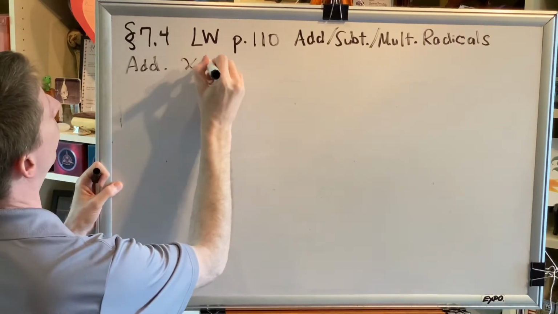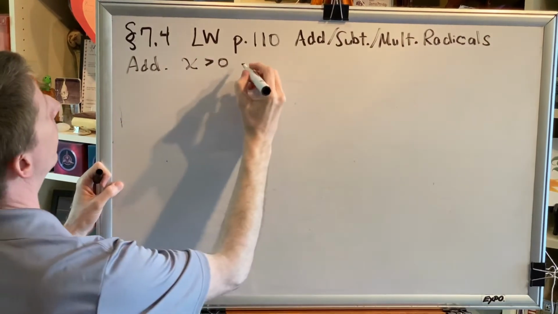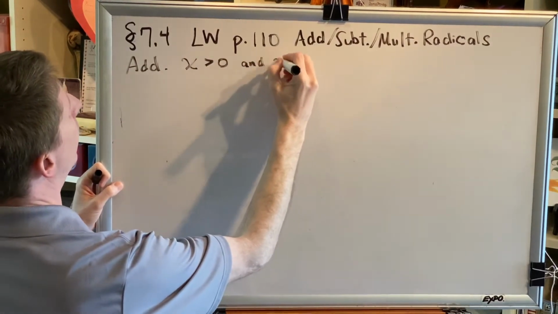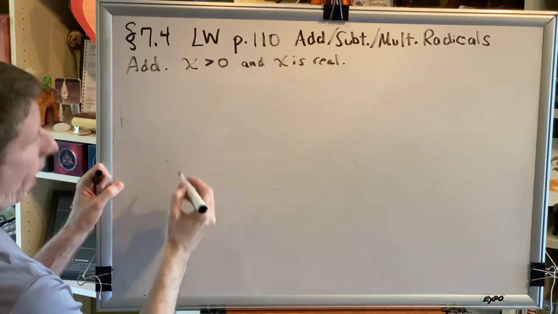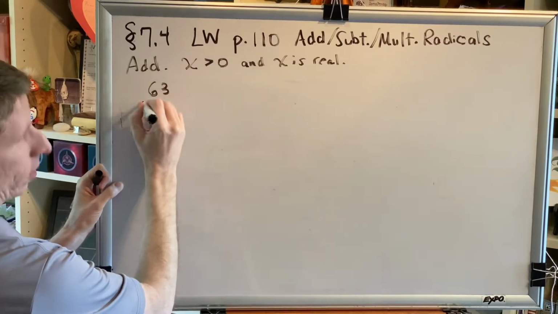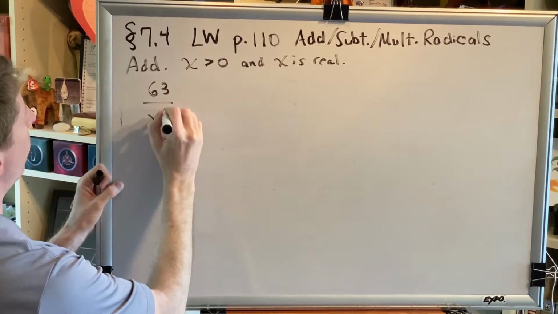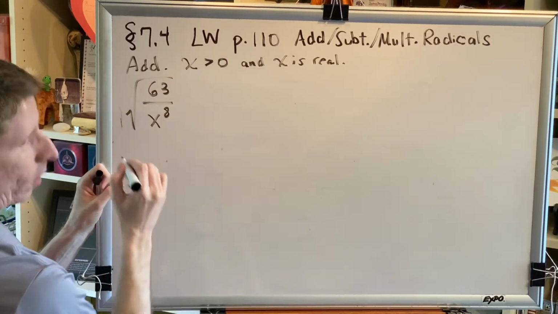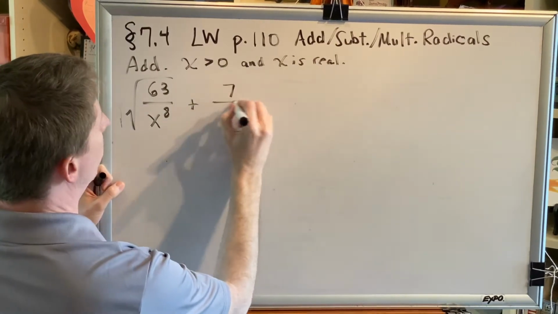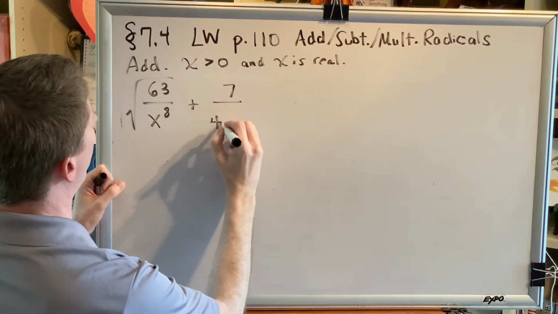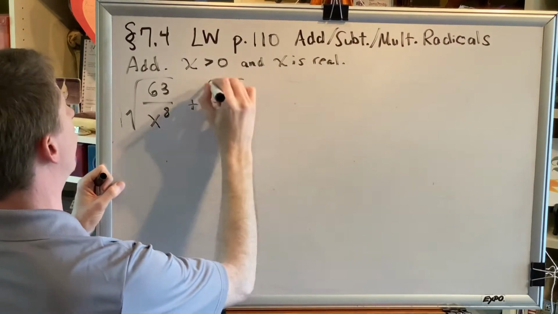Well, our only variable is x, so I'm just going to write x is greater than 0 and x is real. And we have 63 over x to the 8th power, all under our square root, plus 7 over 4x to the 8th power, all under a square root.